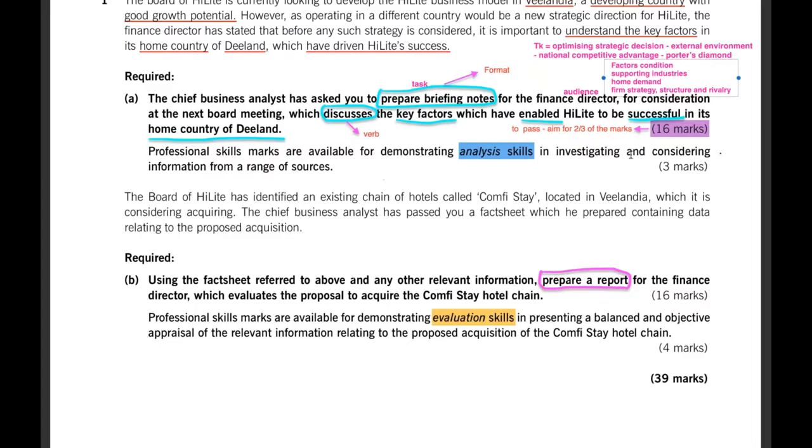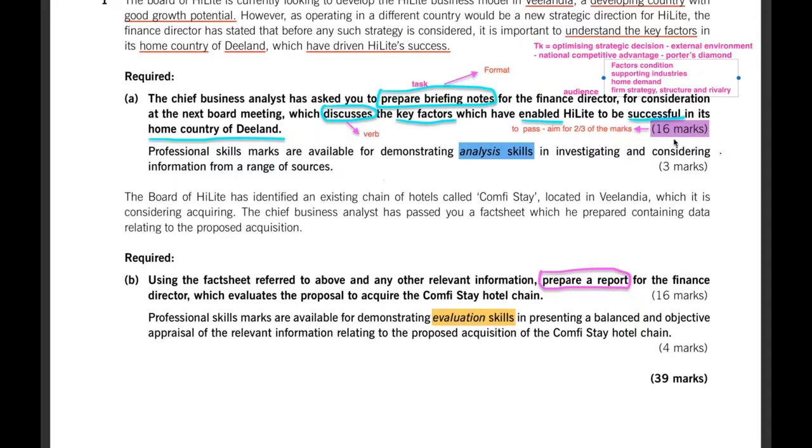All right. And what else should you be looking at? Look here. Look at this. The 16 marks here. To pass, aim for two-thirds of the marks. So roughly 16 marks.